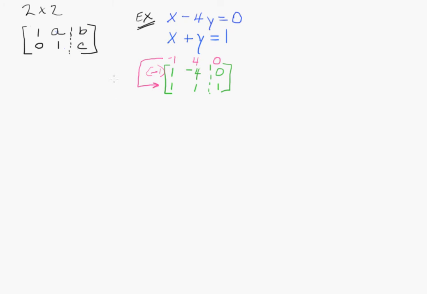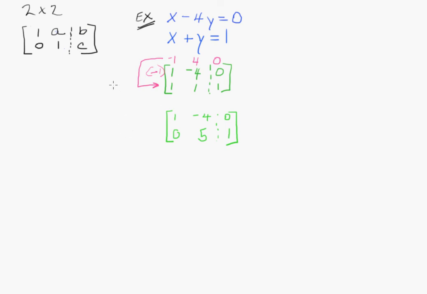In the next matrix, I keep the first row, changed back to what it was, and then I add these two rows. So -1 and 1 is 0, and 4 and 1 is 5, and then finally 0 and 1 is 1.